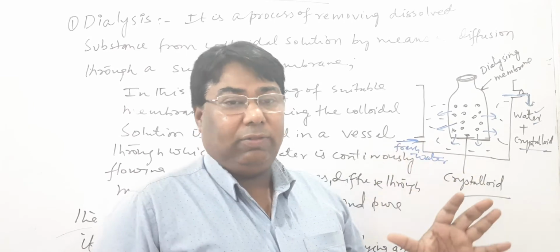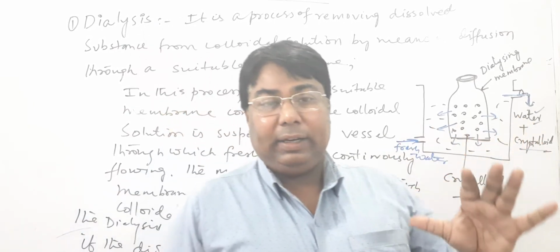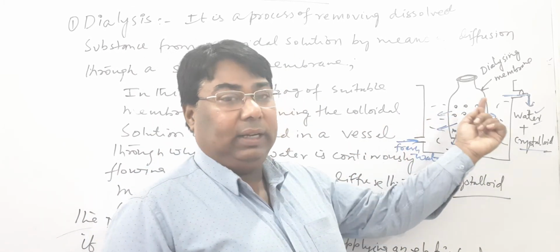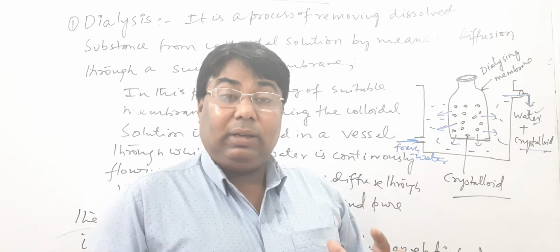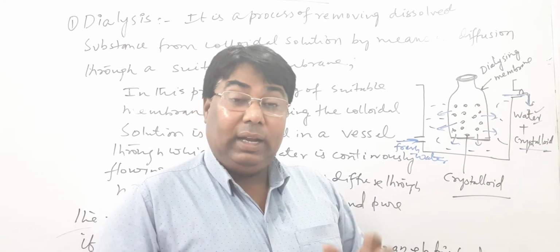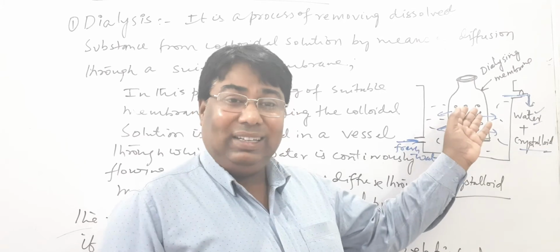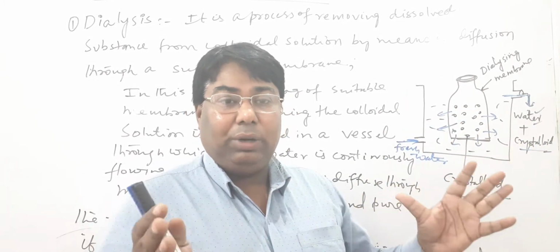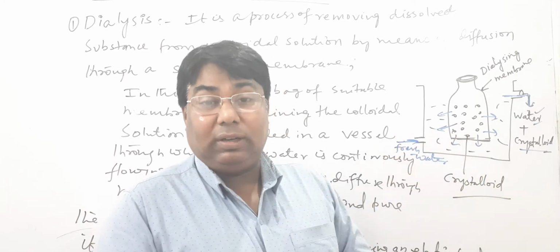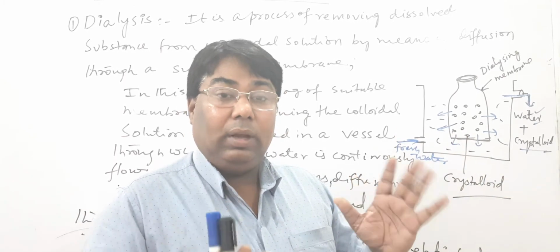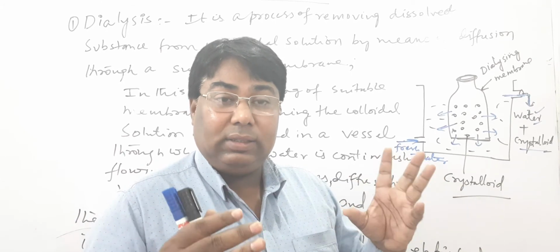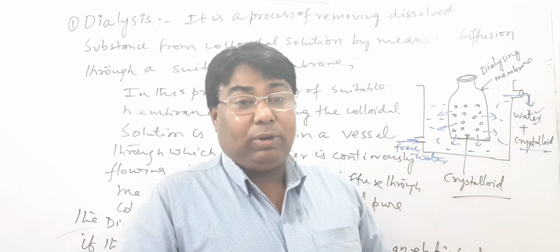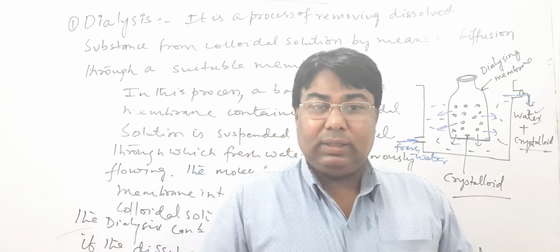So to make it faster, we apply an electric field here, and we put positive and negative electrodes, and then it becomes faster. Under the electric field, the ions present in the colloidal solution move out quickly, they go to the opposite terminals, and we remove the dissolved ions in the colloidal solution in a very fast manner, and that process is known as electrodialysis.